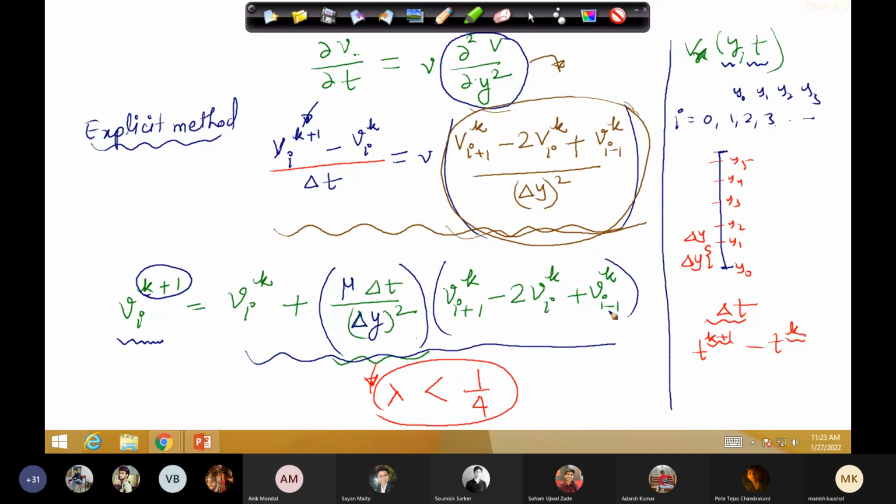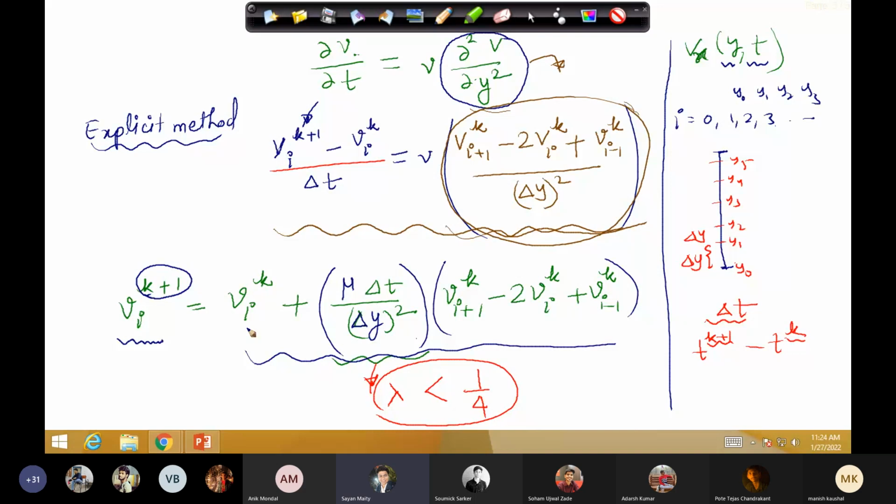For example, at t equal to 0, you know this value at all points. What is the value of V i at t equal to 0, like the first time step?